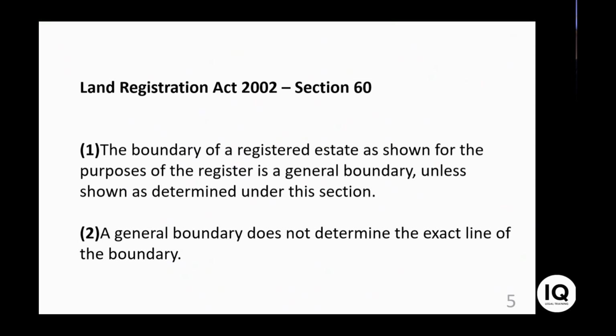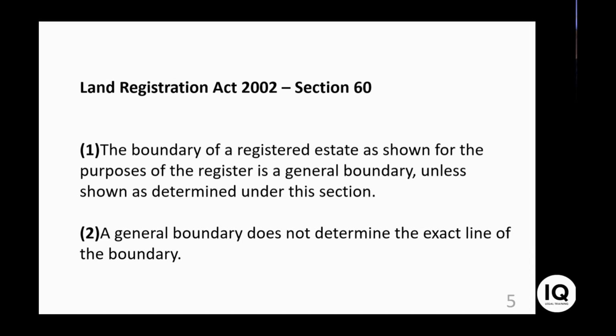A general boundary does not determine the exact line of the boundary. So that's our first starting point into this thing, because obviously what tends to happen is that with registered land, we look at file plans, and there is a tendency for people to try and say, well, the boundary shown on the file plan, that's the end of it. Well, it's not.